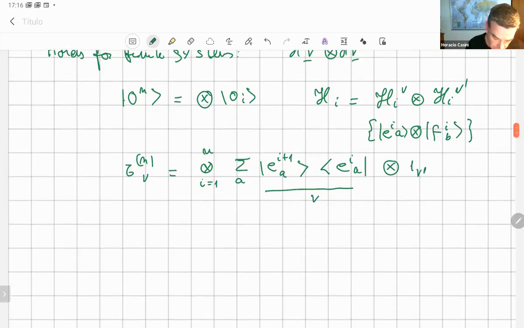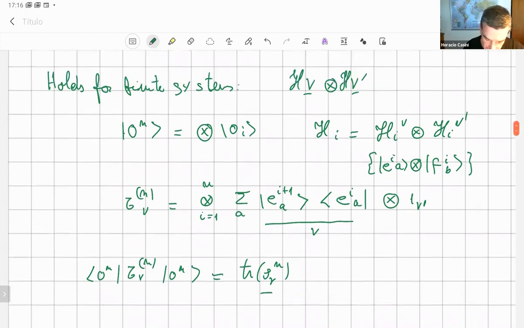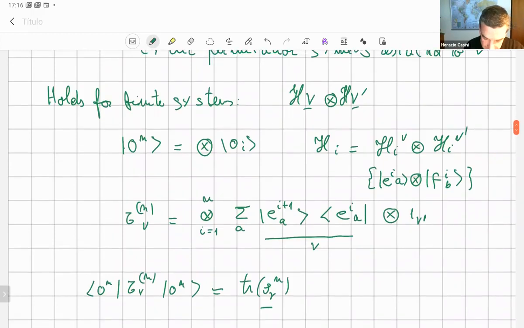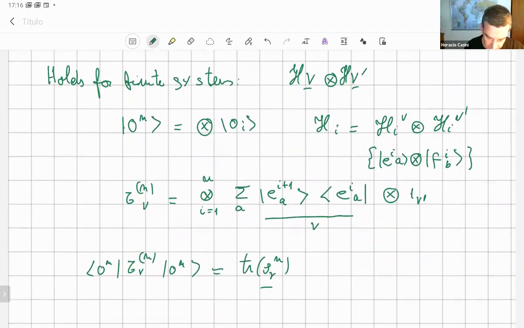And it's a simple computation. You can compute the expectation values of these operators, and it will give you the trace of rho to the n, where rho is the density matrix of the original copy in the region B. So it's a very general thing. And somehow it allows you to relate entropic quantities to something that is measurable, because it's an operator. Somehow you can, in principle, think of measuring operators related to the twist.